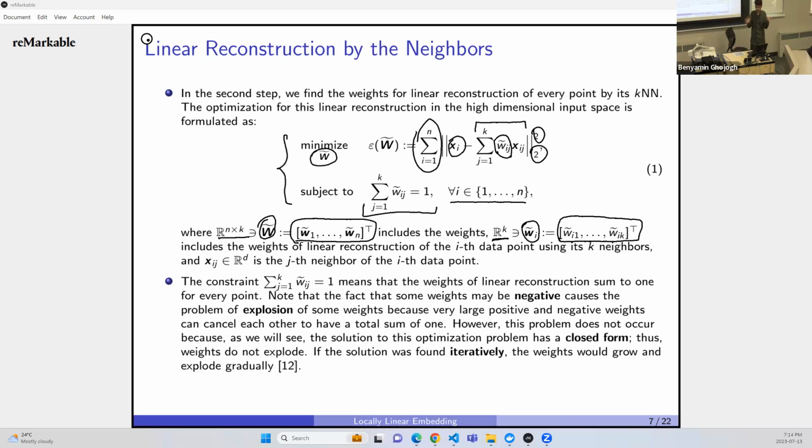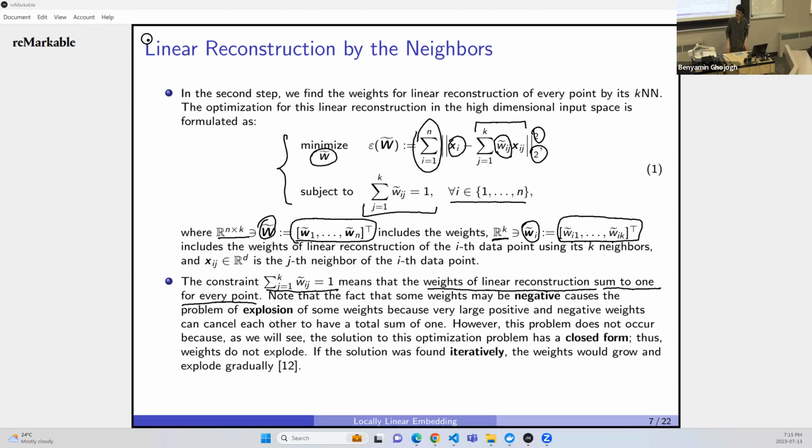As I always say, all of machine learning is optimization. So we modeled the idea as an optimization problem. Now let's solve it. The constraint means that the weights of linear reconstruction sum to 1 for every point, right?